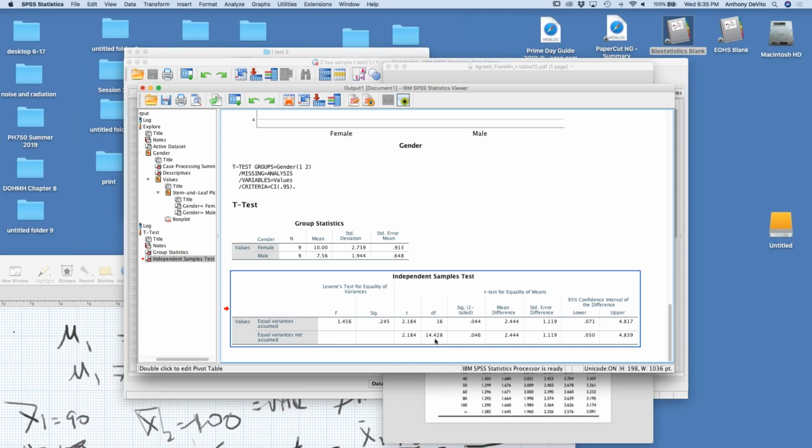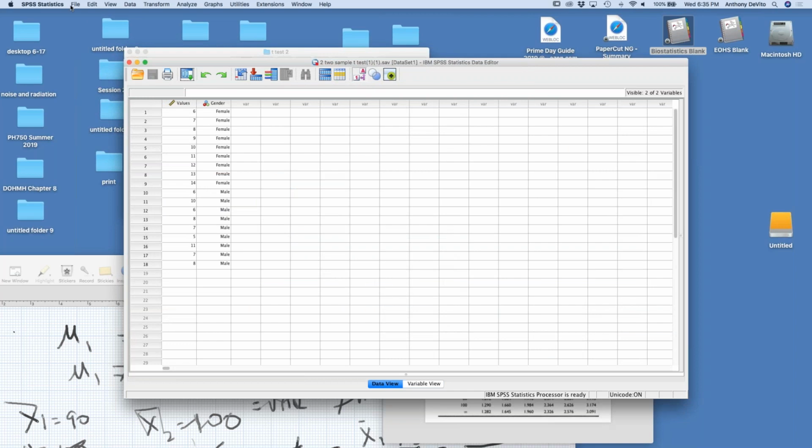And look, we got a weird result for that. And SPSS was able to get that and still calculate a significance for us. And we still would have rejected anyway, even if we made the mistake of going with the bottom row. So that's an example of equal variances. Let's take a look at an example of unequal variances.